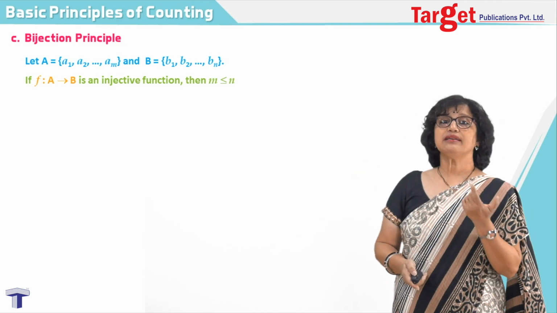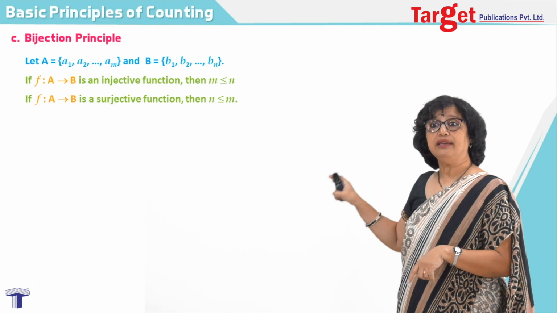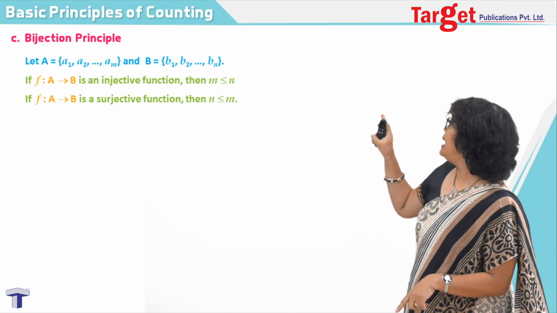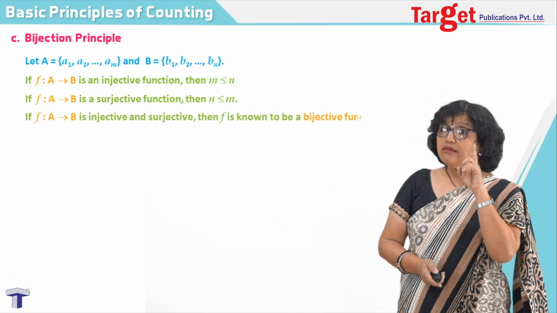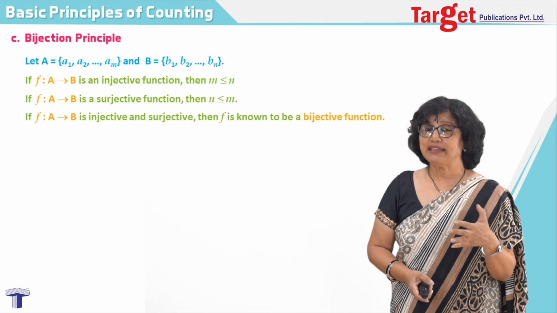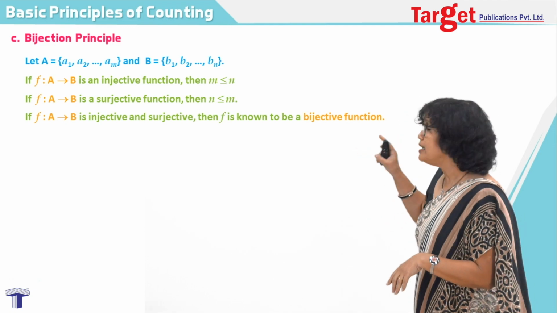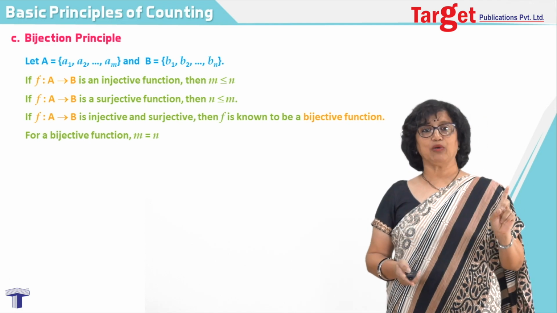Then m is less than or equal to n. If function f from set A to set B is a surjective function, then n is less than or equal to m. And if f from A to B is bijective, then what will happen? m equals n, and that is actually called the bijective function. So for a bijective function, we have m equal to n.